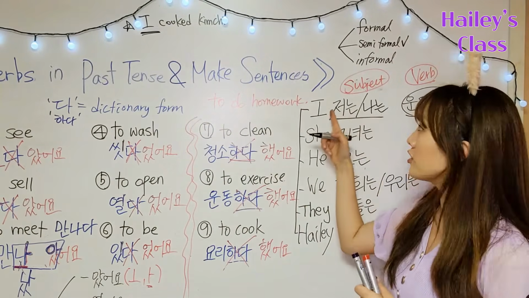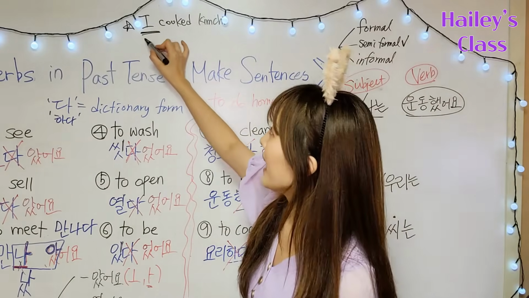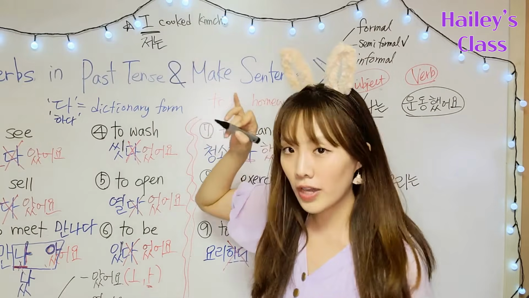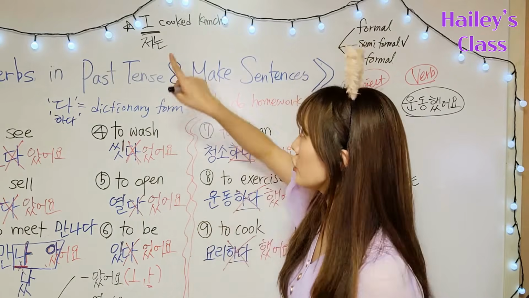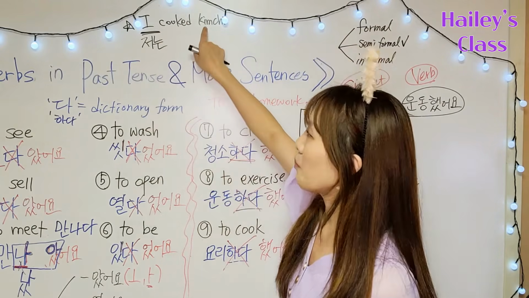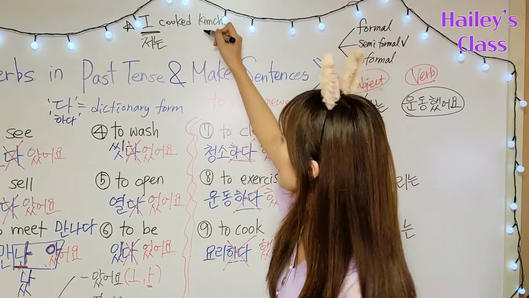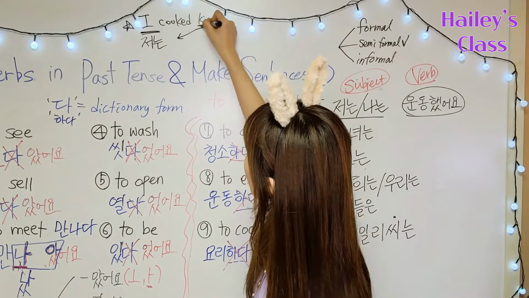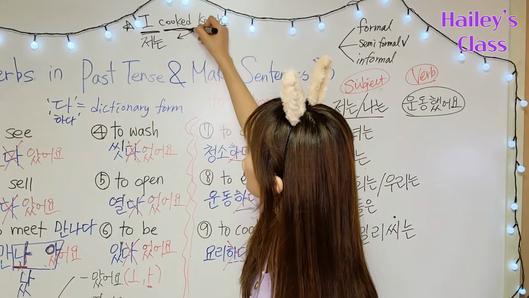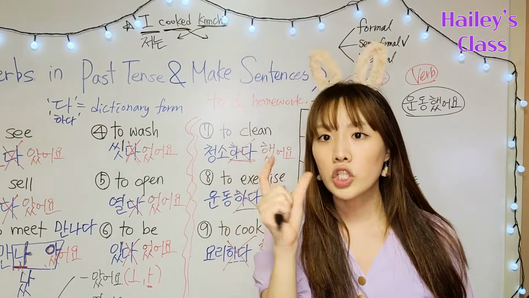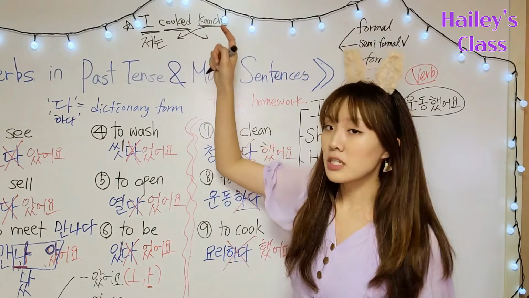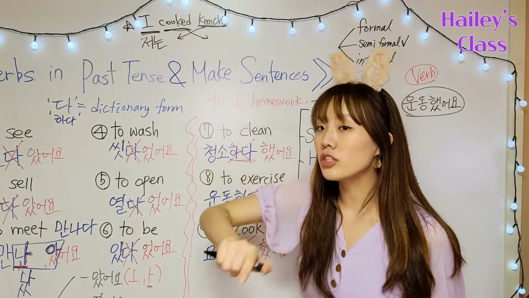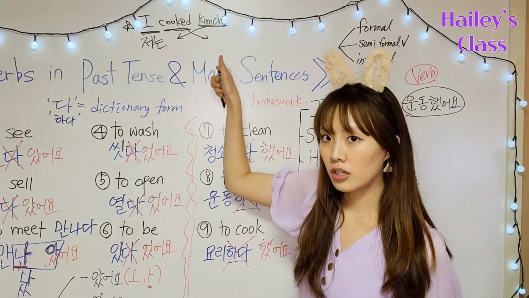But we're going to use 저는 in here. So I is 저는. Okay? But in here, in Korea, we say this part. Kimchi has to be here and cooked in here. So we changed. So in Korea, when I say I cooked kimchi, I should say I kimchi cooked.